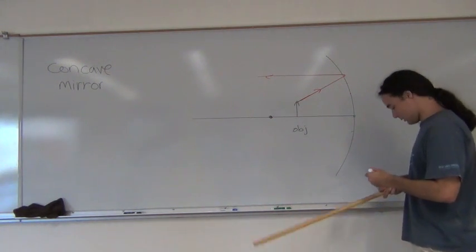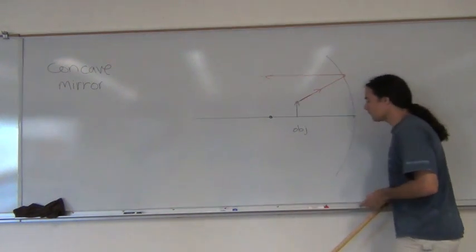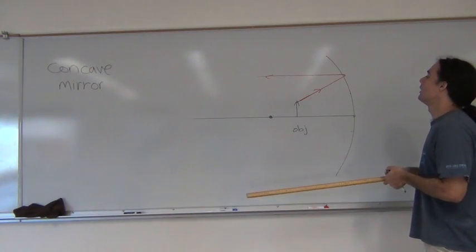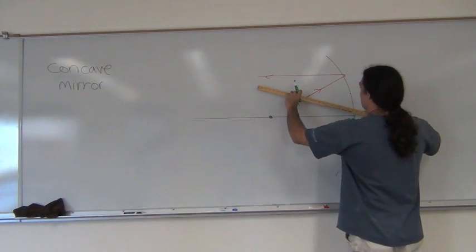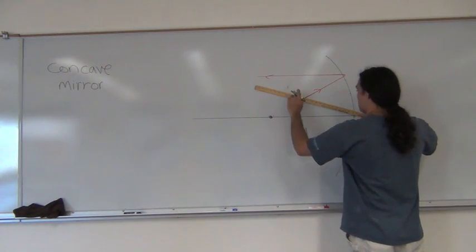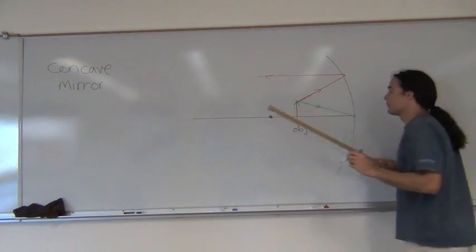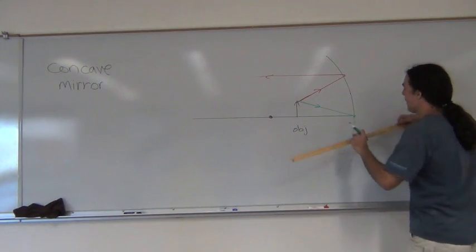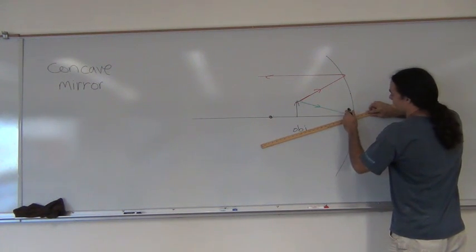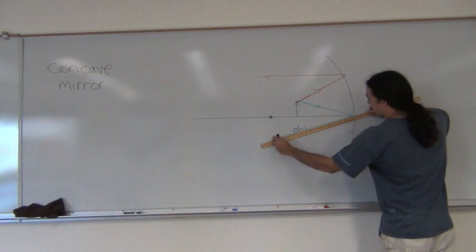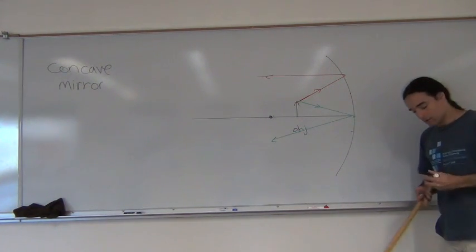The next ray I am going to be working with, let's have that come into the center of my mirror, and then we'll just use the fact that the angle of incidence is the same as the angle of reflection to figure out where that second light ray goes.